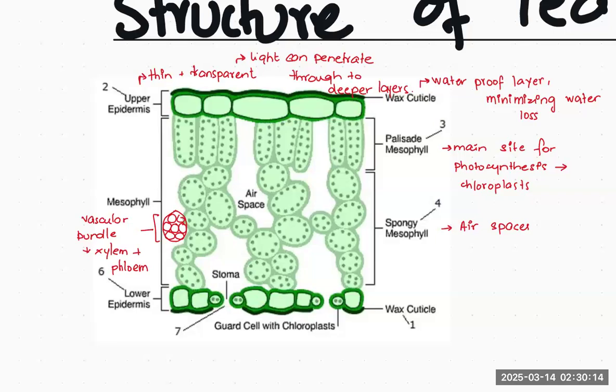The main site is palisade mesophyll, but spongy mesophyll also does photosynthesis. So these are our air spaces. The air spaces allow for exchange of gases between the environment and the cells.